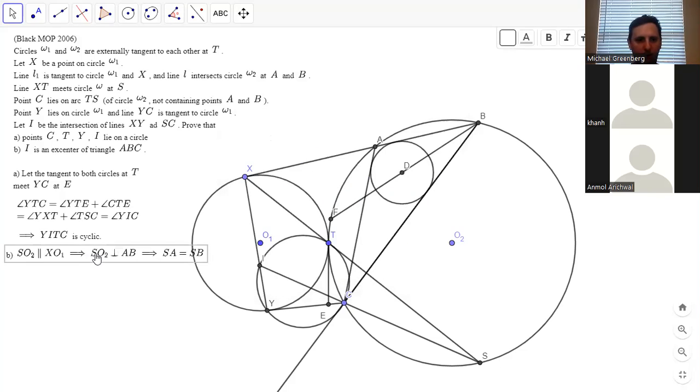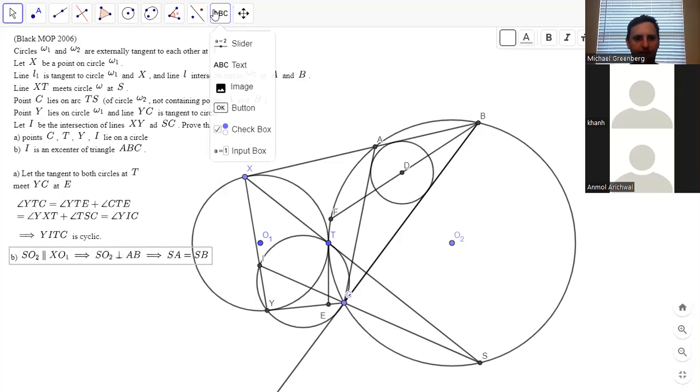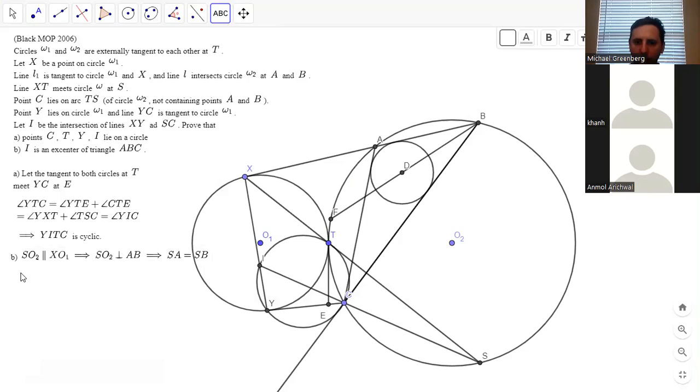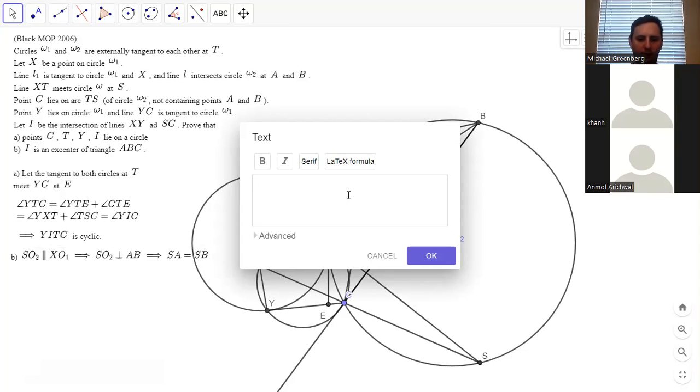So we have this, and then STB equals SAB equals SBA.